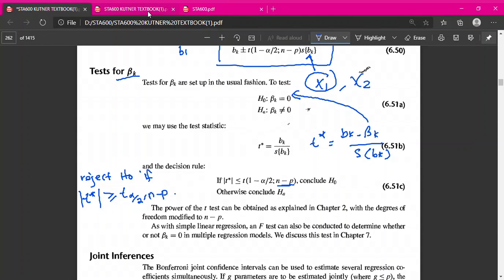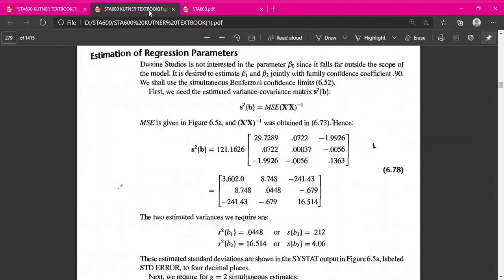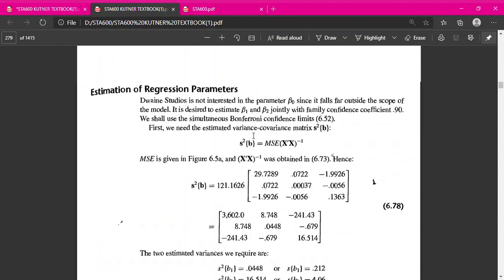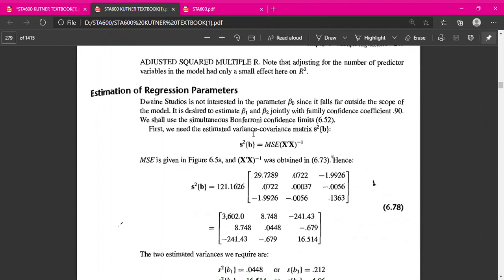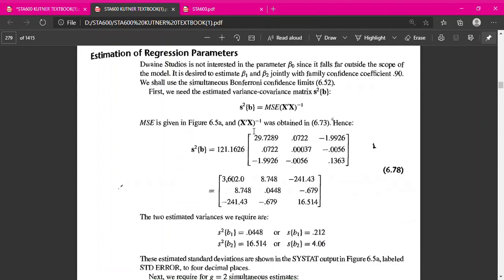Alright. So let's see the example from your textbook, page 245, from the previous example. In the previous example, y is sales, x1 is the number of persons aged 16 or younger, and x2 is personal income.